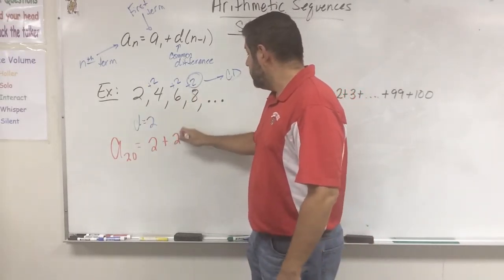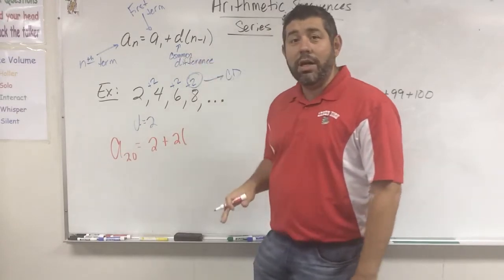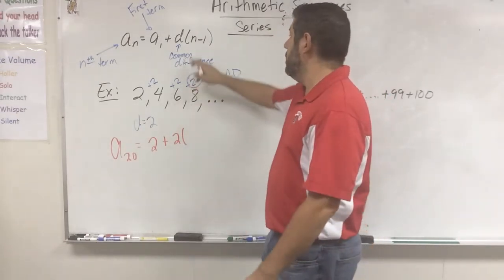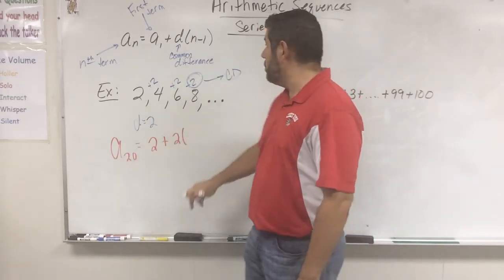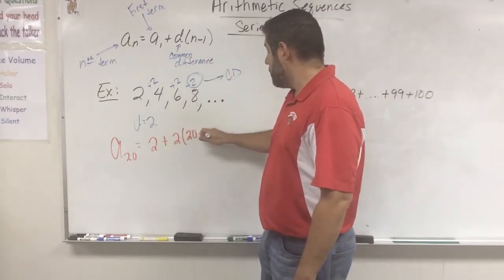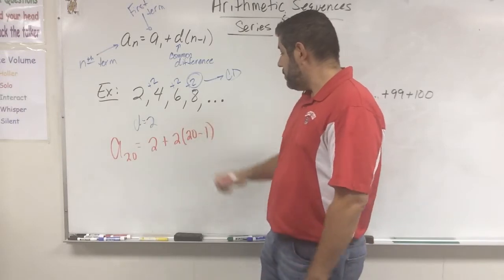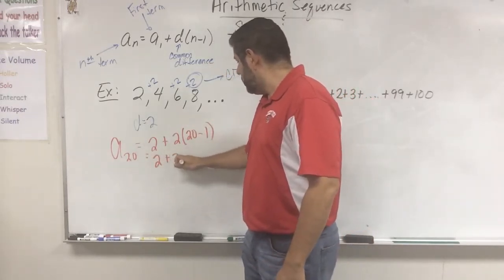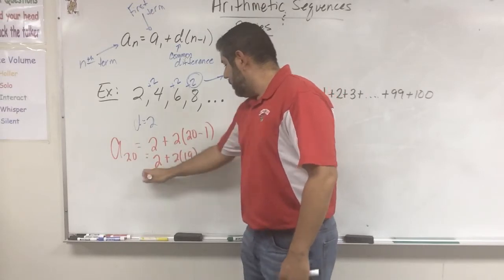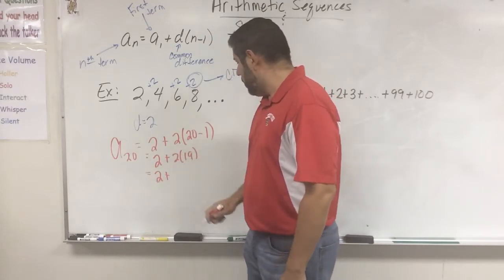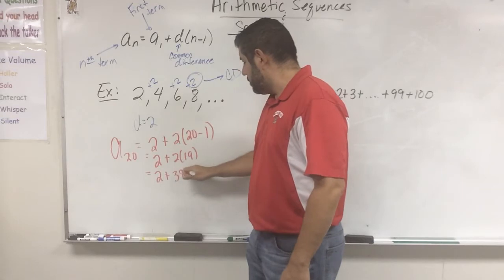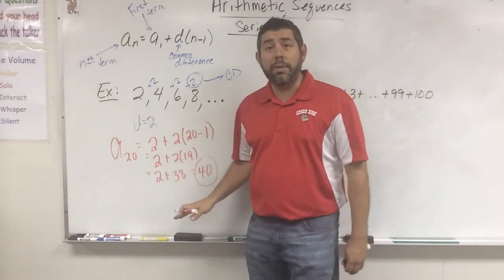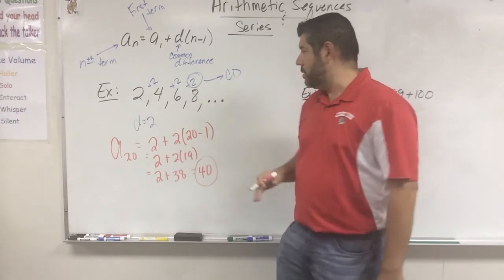And n minus 1, n is which term we want, so n is 20, we plug 20 in there, minus 1. And we compute that out. We get 2 plus 2 times 19, which is 2 plus 38, and we get 40. So 40 is our 20th term in our arithmetic sequence.